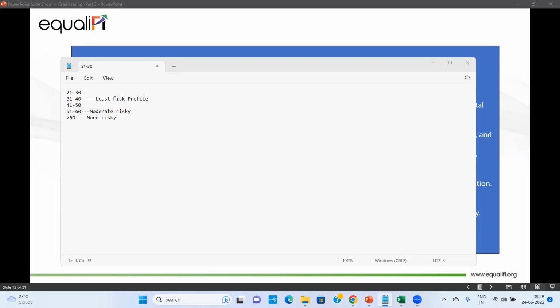An obvious reason 60 plus is more risky is that they are more prone to health issues and death. All right.